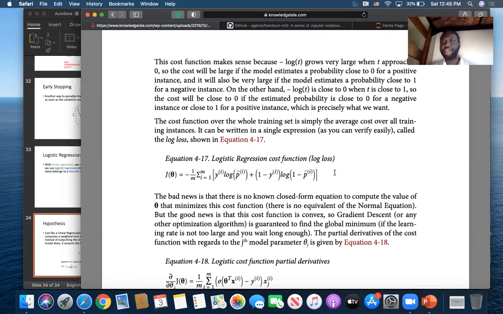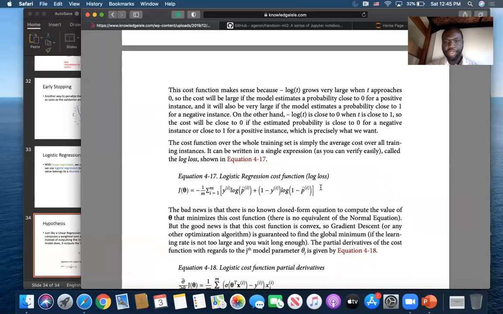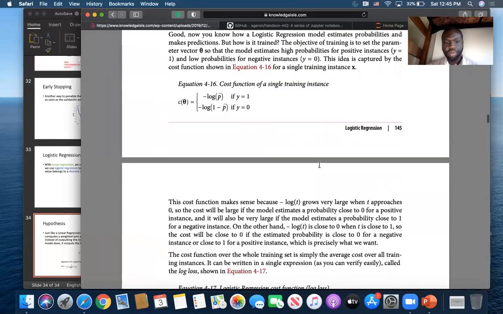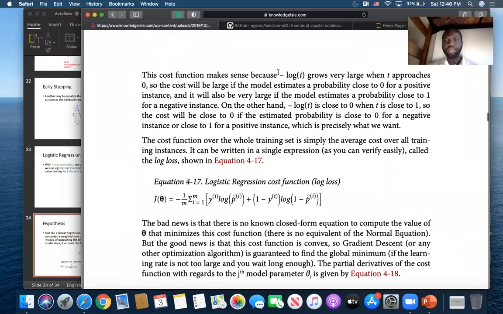It should be very large, correct? So in the case where my prediction, pi is my prediction. Yes, because this is very important. Minus log t goes very large as t approaches 0.